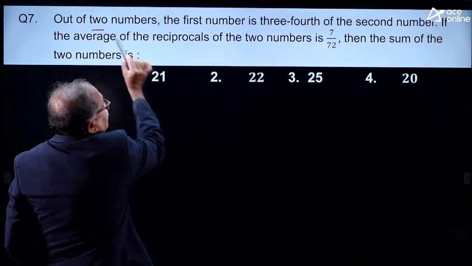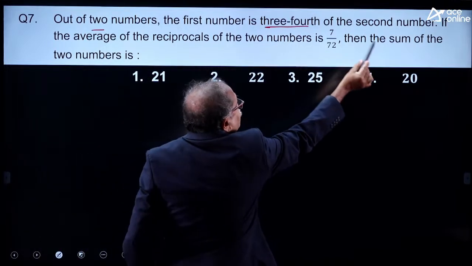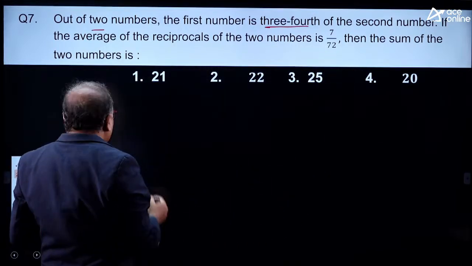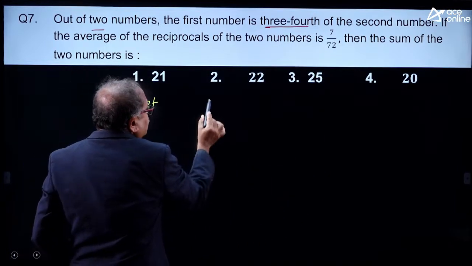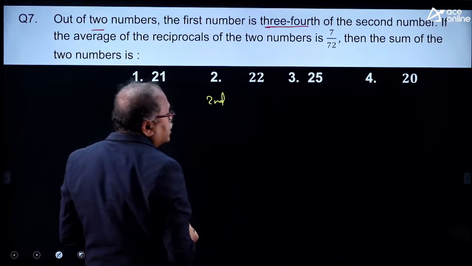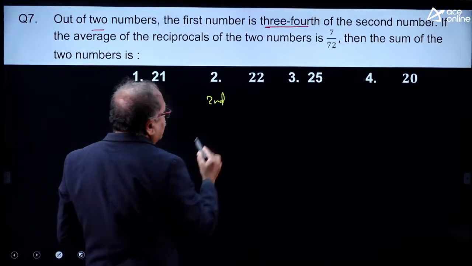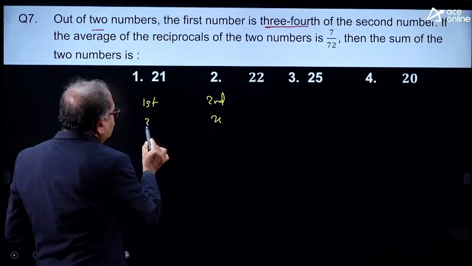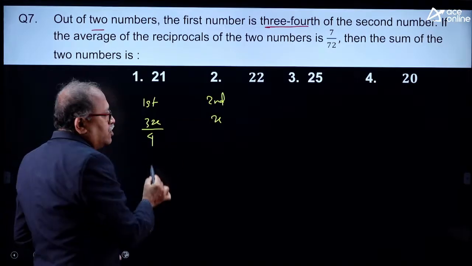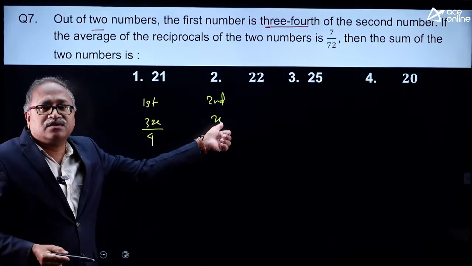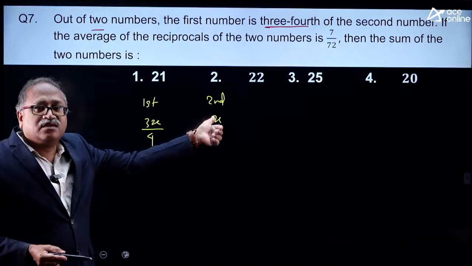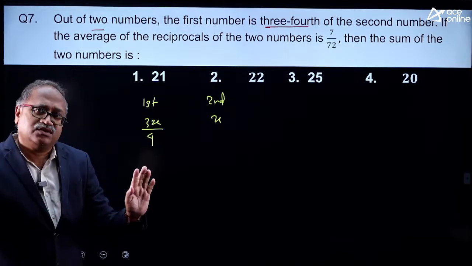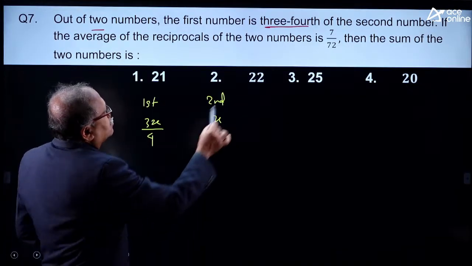Out of the two numbers, the first number is 3/4 of the second number. So, if I consider the second number as x, the first is 3x by 4, or you can take this one as 4x, then 3/4 of 4x. Anyway, you can handle the question.